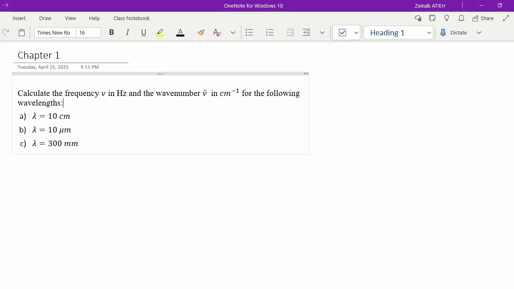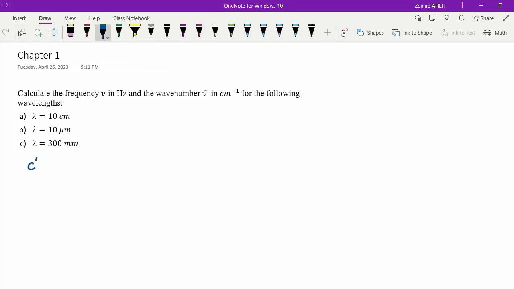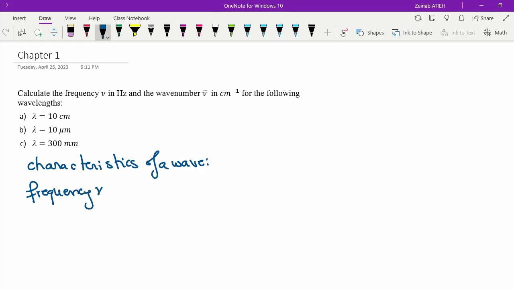Before finding the frequency and the wave number, let's revise the characteristics of a wave. First, the frequency, given usually the symbol nu if we are talking about a light wave or an electromagnetic wave. So what is the frequency nu? It is the cycles performed per unit time.